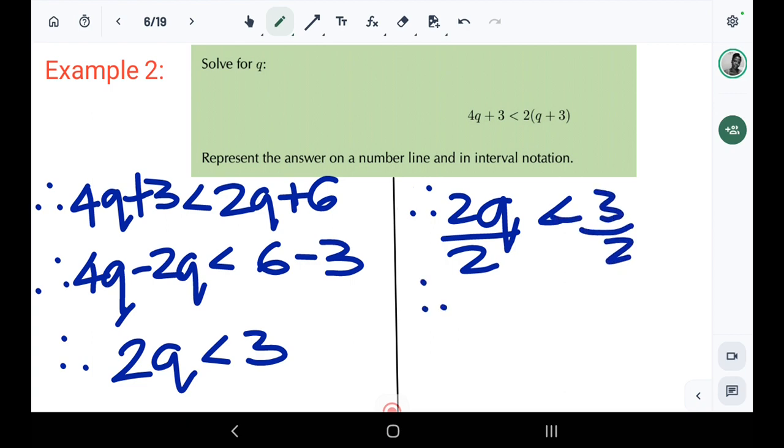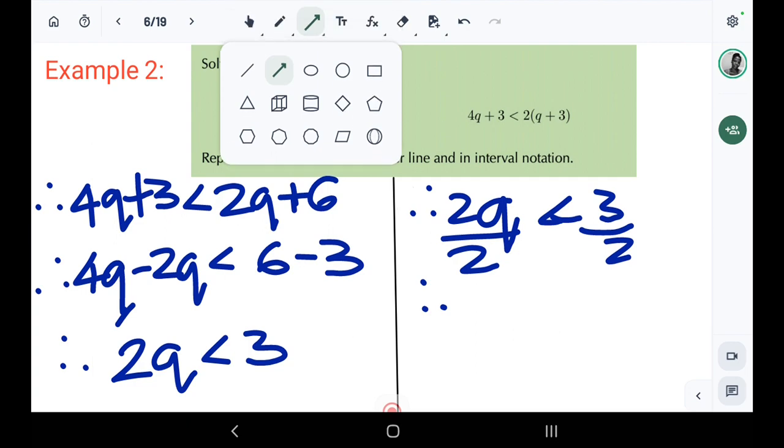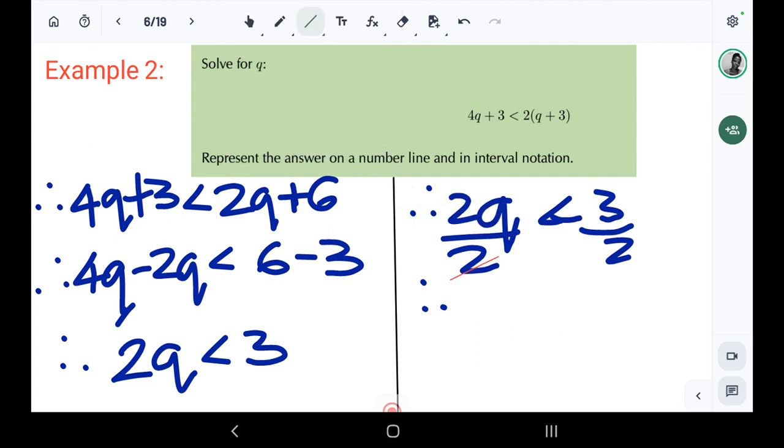Therefore, the 2's cancel out. And you're left on the left hand side with Q is less than 3 over 2. 3 over 2 is equal to 1.5.